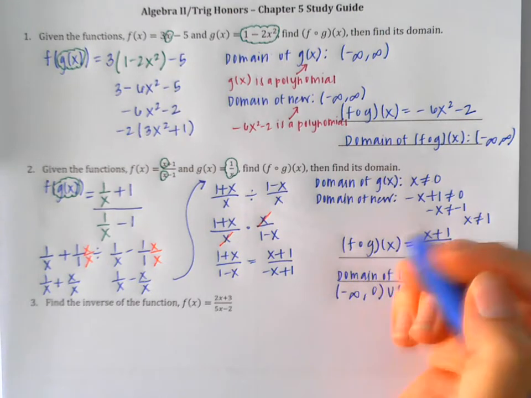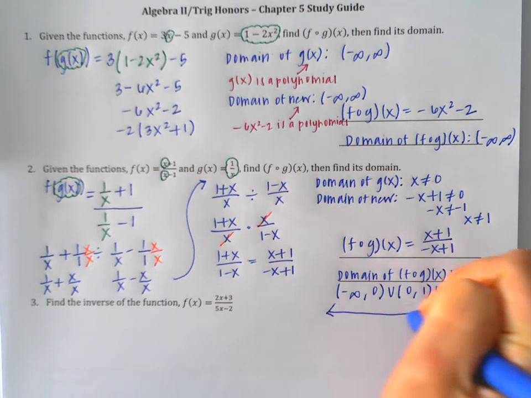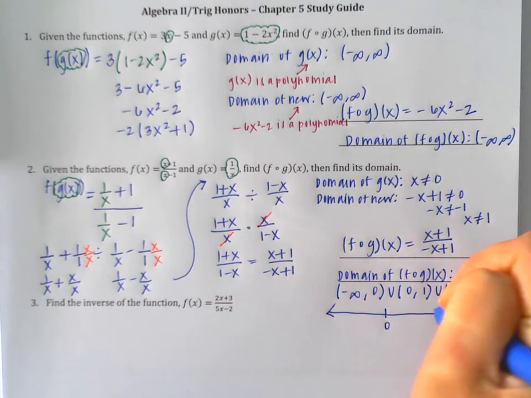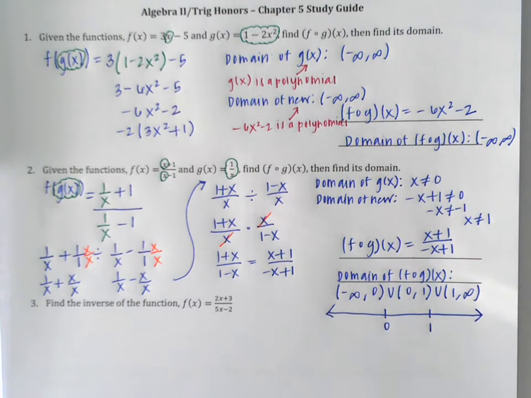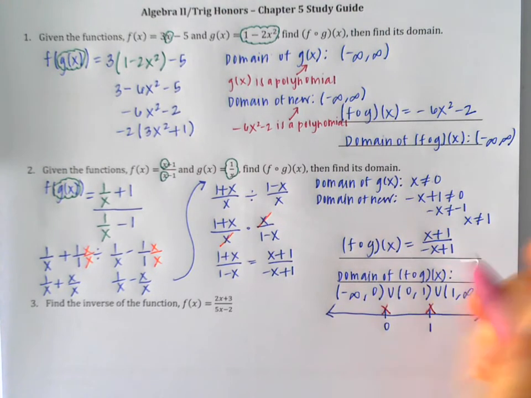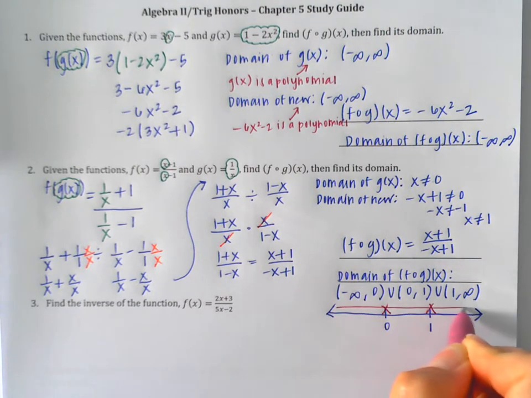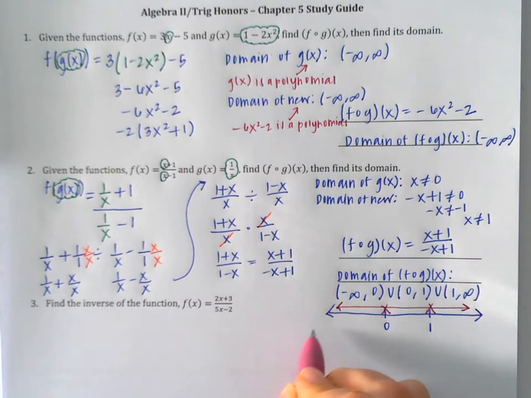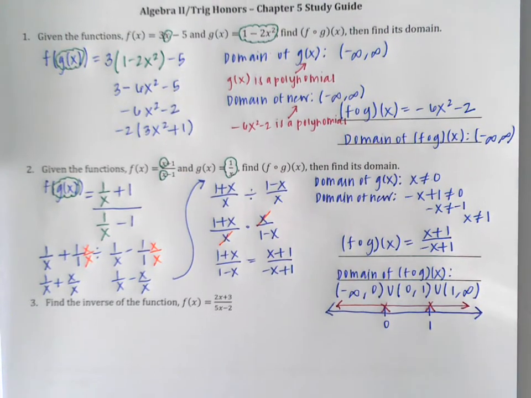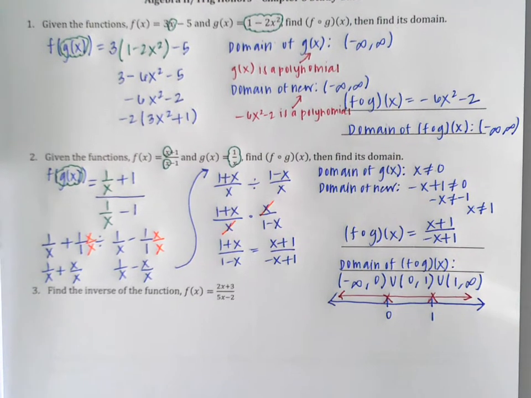We know it can't be equal to 0. It can't be equal to 1. So we know it can't be here. It can't be here, but it can be everything else. So it's going to be negative infinity to 0, 0 to 1, 1 to infinity with parentheses in between there. And that is that. So that's 2.